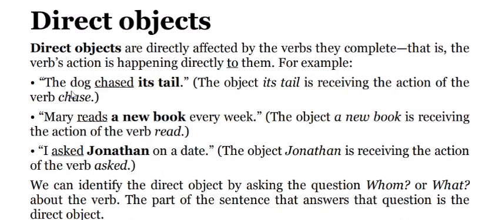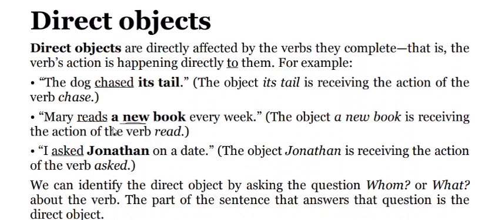For example, the dog chased its tail. Now, the object its tail is receiving the action of the verb chase. The verb chased is explained by its object, which is its tail. Mary reads a new book every week. What does Mary read?